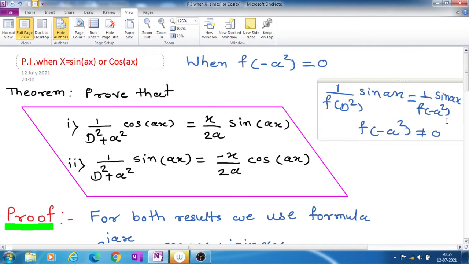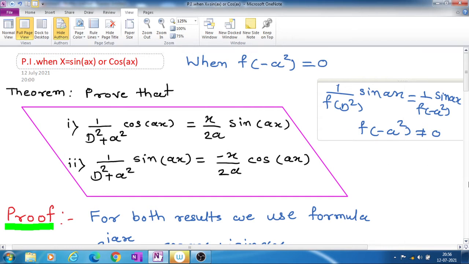But after putting D square equal to minus a square, this f of minus a square must not be equal to 0. So now we find the formula when f of minus a square becomes 0. Then how to find the value of 1 upon f(D square) sin ax or cos ax.